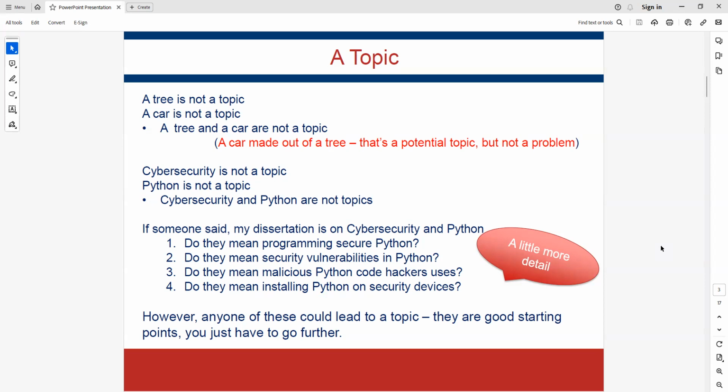And a good note to look at this is that a dissertation looks at a problem. So when you look at these four examples, think of a problem, right? Are there security vulnerabilities in Python? Not are, there are.